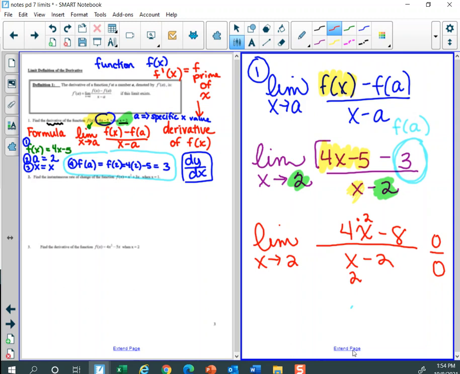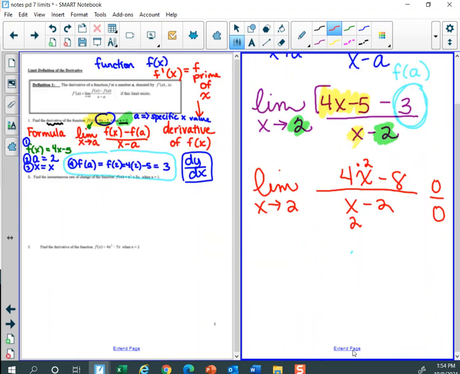Based on your limit quiz, lots of you do know what to do with a 0 over 0 limit. Sometimes you make some mistakes, but you understood that one of the basic strategies for 0 over 0 limits is factoring, so that there's a factor you can divide out or cancel out.